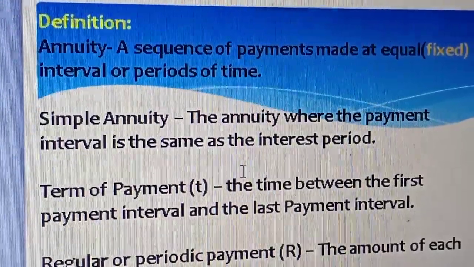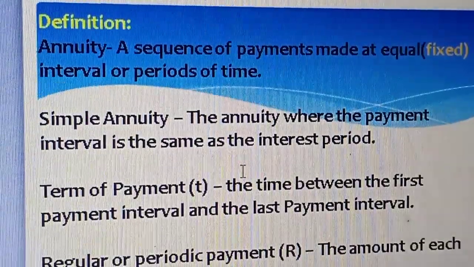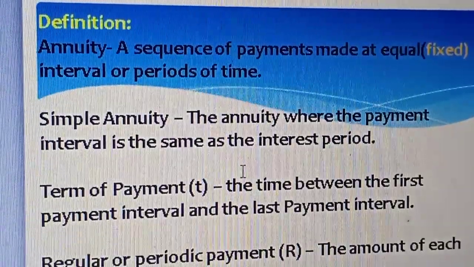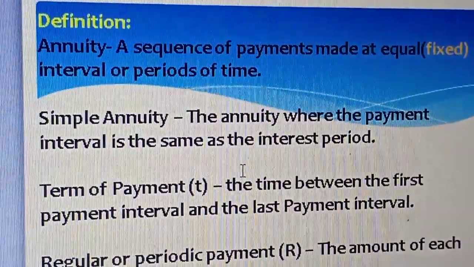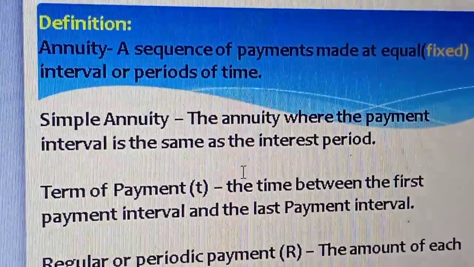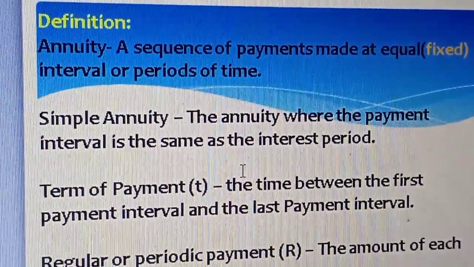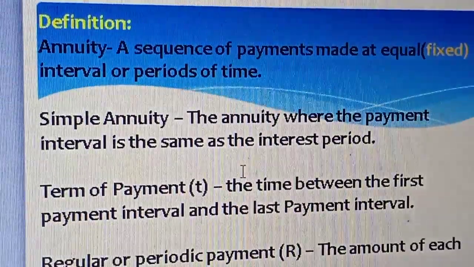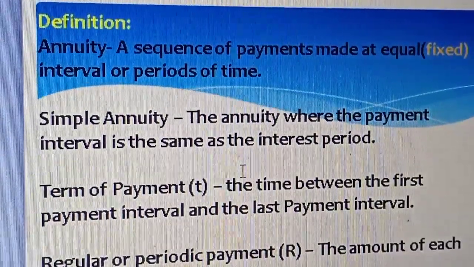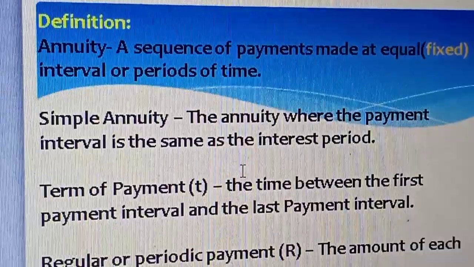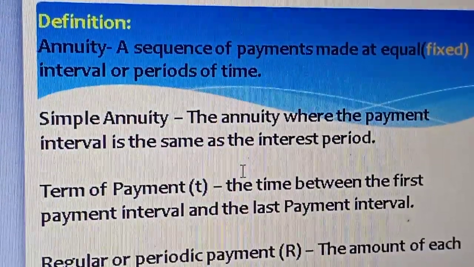We have simple annuity, the annuity where the payment interval is the same as the interest period. We have also the term of payment, T, the time between the first payment interval and the last payment interval.